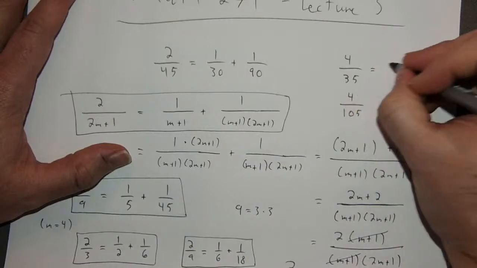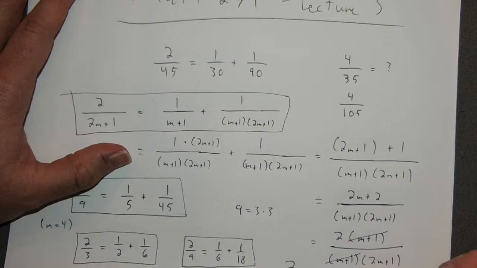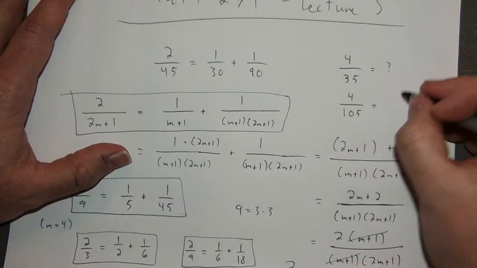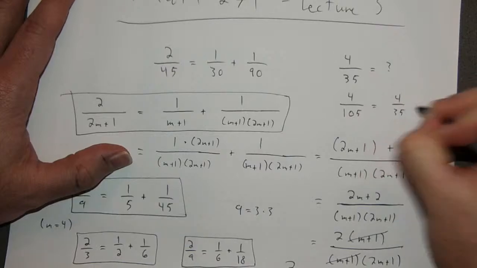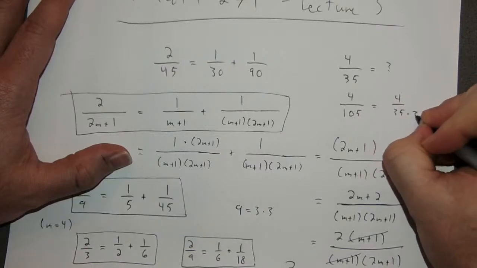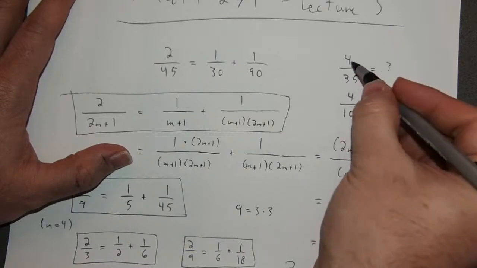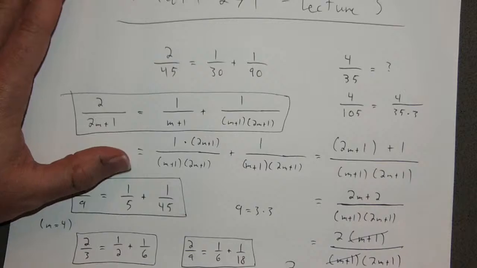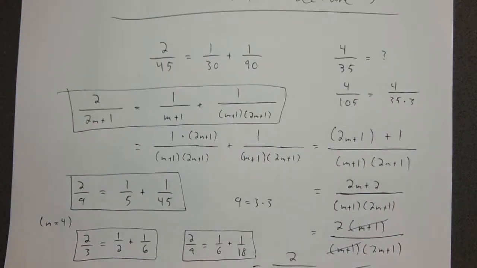So if I knew a decomposition for 4 over 35, would I also know one for 4 over 105? Yes, because 4 over 105 is, of course, just 4 over 35 times 1/3, which allows me to take this decomposition that I got from 4 over 35 and divide by 3. That is, multiply the denominators of all those by 3, and I would get a decomposition that way.